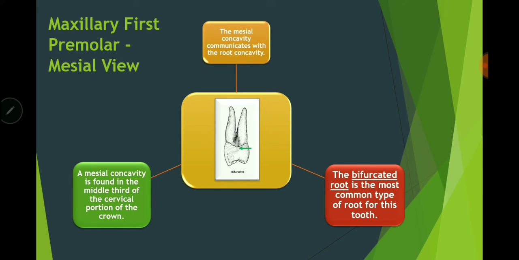So the mesial view of maxillary first premolars. The mesial concavity, which is shown by the green arrow here, is found in the middle third of the cervical portion of the crown.